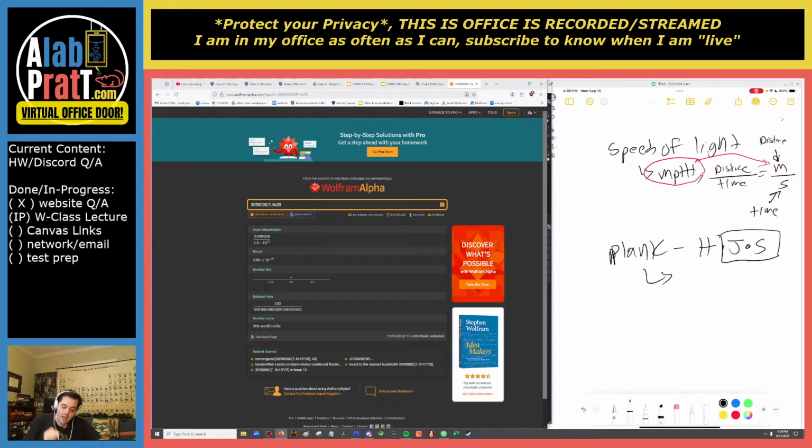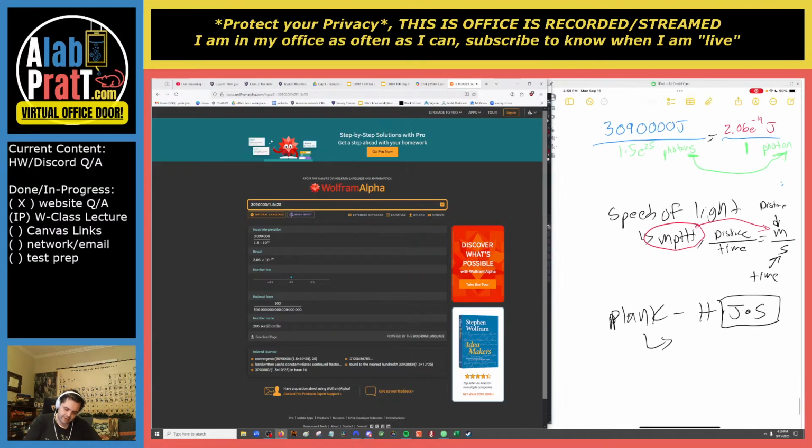So if I know I'm delivering 2.06 e to the 19 joules, and I have this Planck's constant, I just have to ask, how do I want to put this in? I take this idea that there's something in here that can convert, but I have to ask myself, what unit goes into this box that will cancel out and just give me joules?